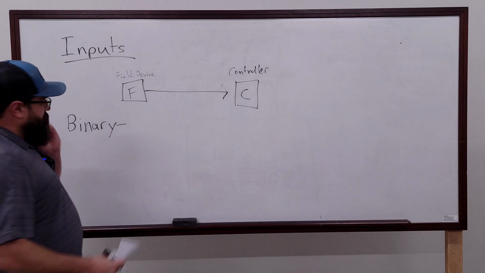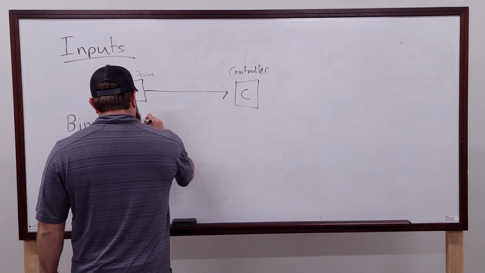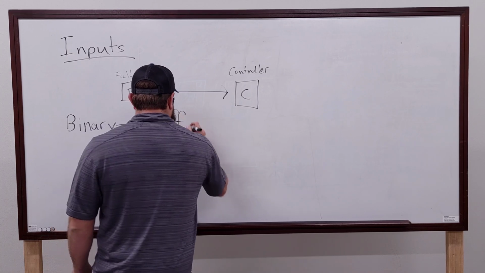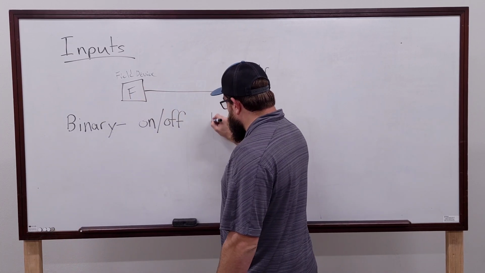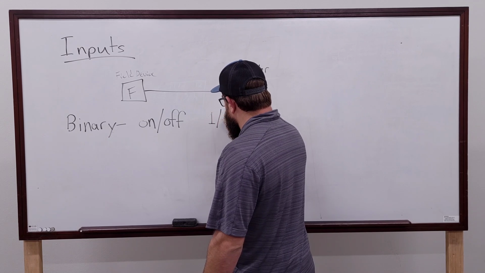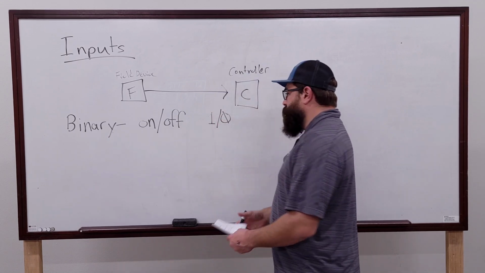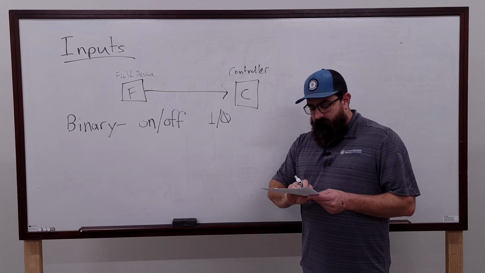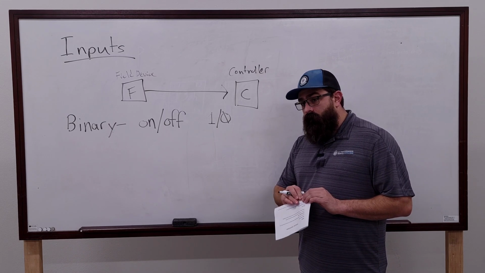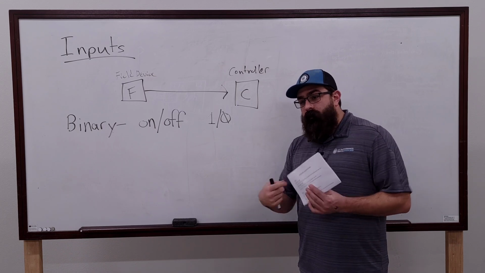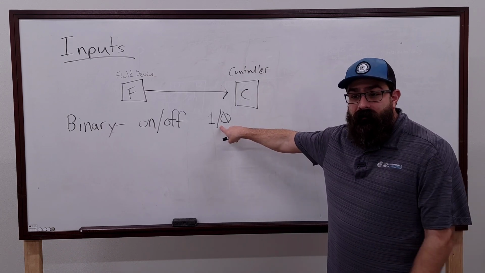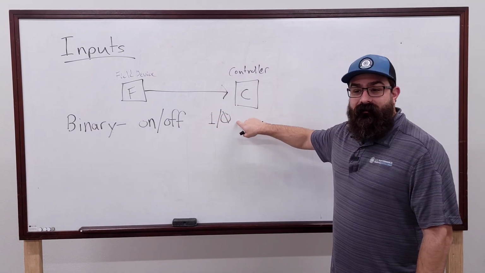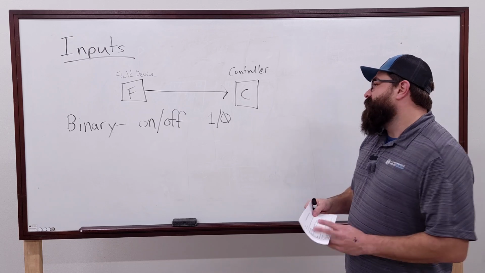Binary is the simplest kind. It is either on or off, a 1 or a 0. Very simple. Not a whole lot to it. That's binary, okay? 1 or 0.